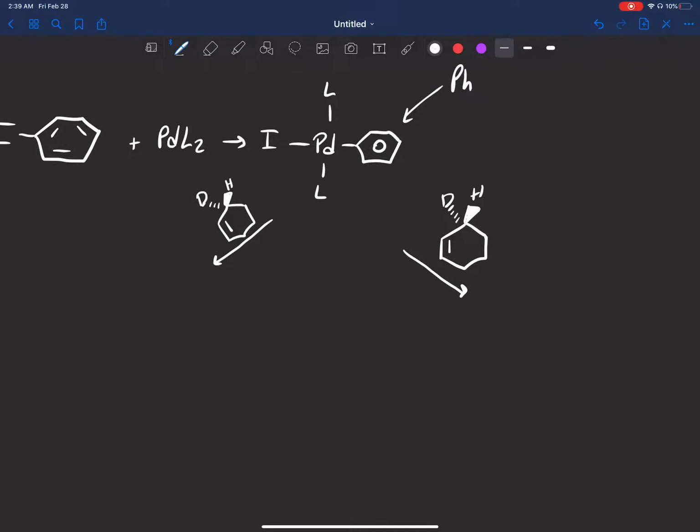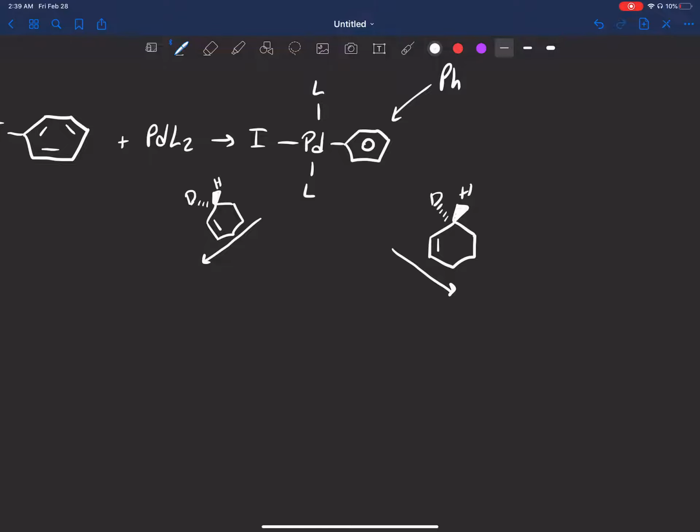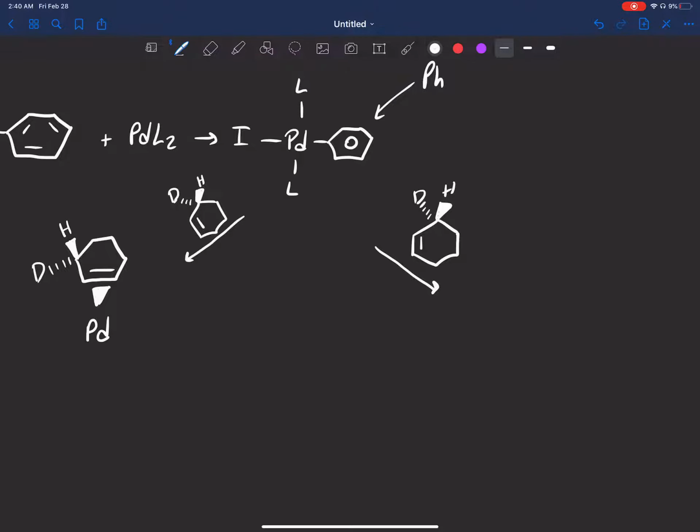That's why I drew two arrows with the same alkene. I can have it bind this way to my palladium metal, essentially like a wedge. So here's my double bond, my wedged hydrogen, and my dashed deuterium. Or it could have bound dashed.